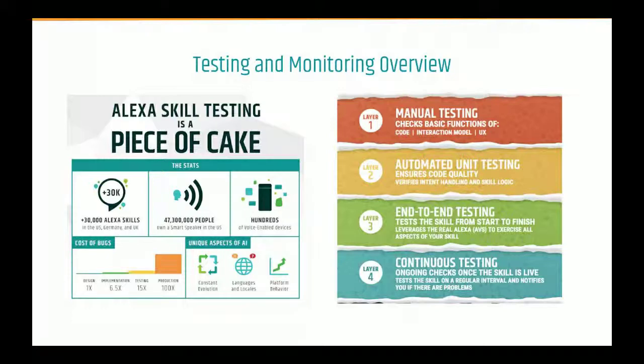But when we think about what testing and monitoring is, we created this layer cake to describe it. And the first layer is manual testing, which I think people know what that is. That's just testing with devices or simulators. Automated unit testing, which is something that a developer is typically doing with their code.